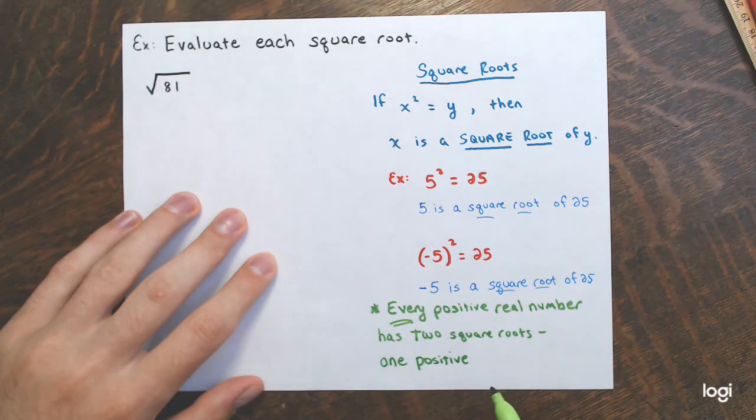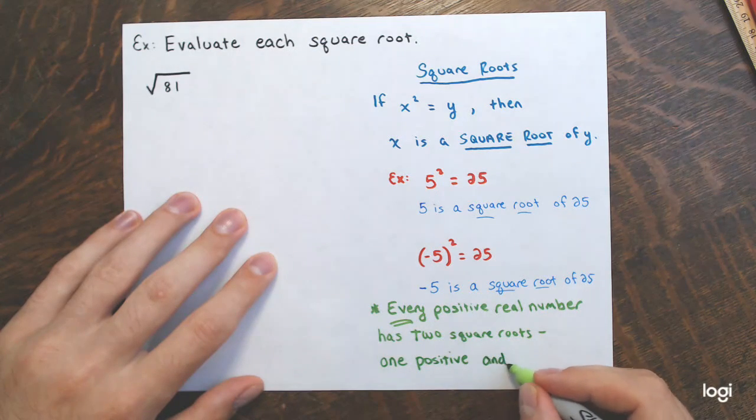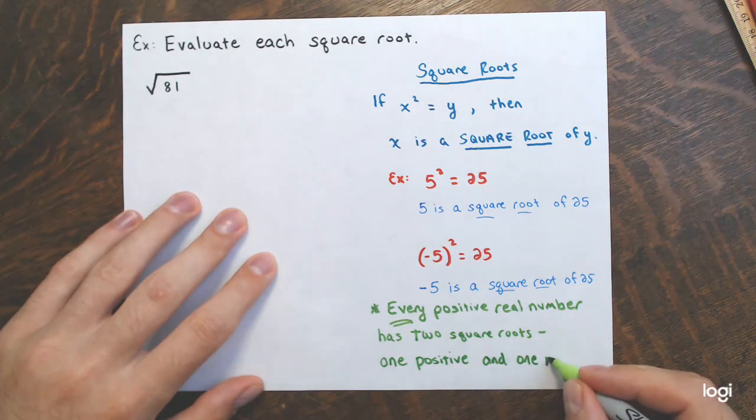So one positive square root and one negative square root.